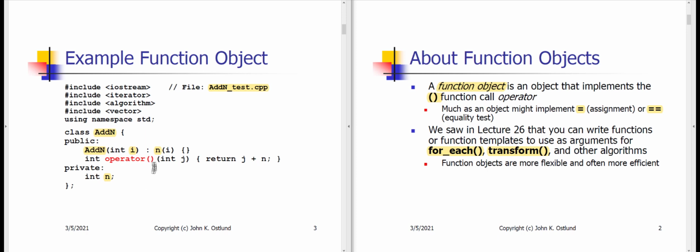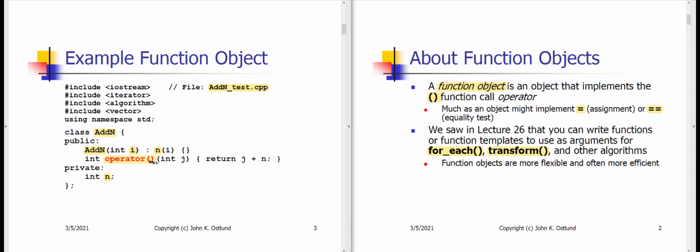The other member function that we have is the function call operator. Okay, so we define the function call operator just like we would define the assignment operator or the is equal to operator. We say the word operator followed by open and close paren. Following that, we also have the usual parameter list that any function requires.